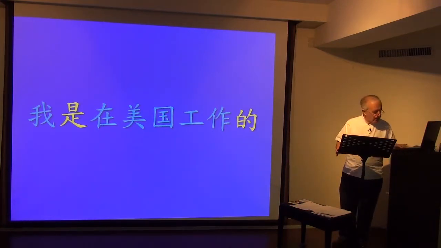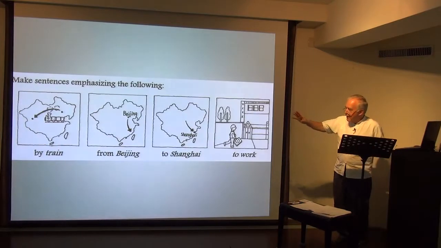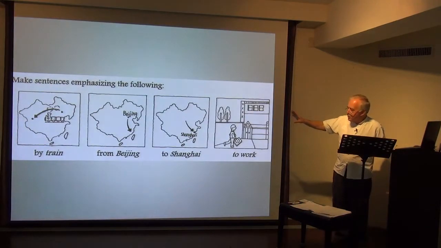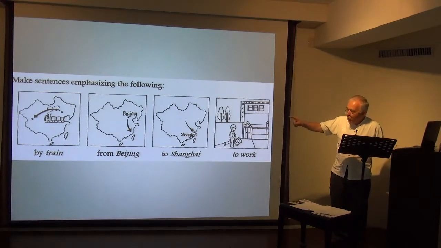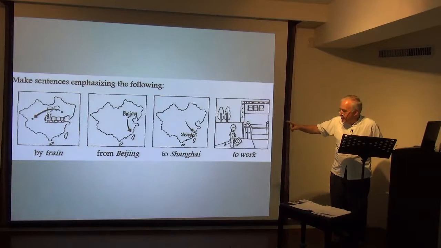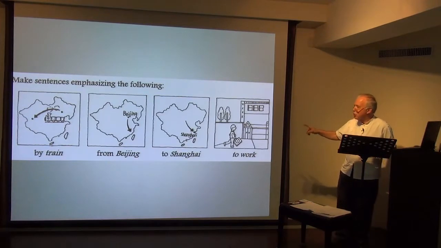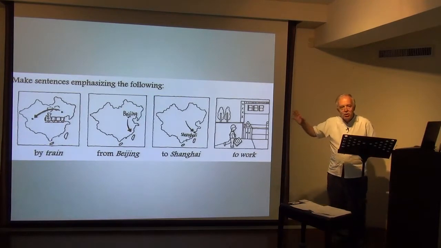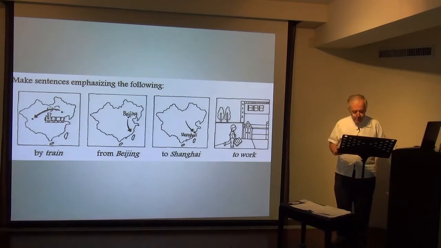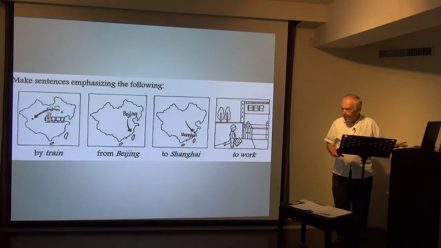When we practice this, again, we want the students to make up sentences emphasizing by train. 他是坐火车去的. 他是从北京来的. 他是去上海的. 他是去工作的. All these should emphasize what happened in the past.